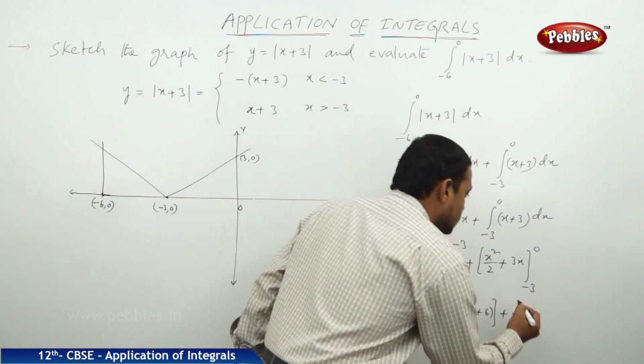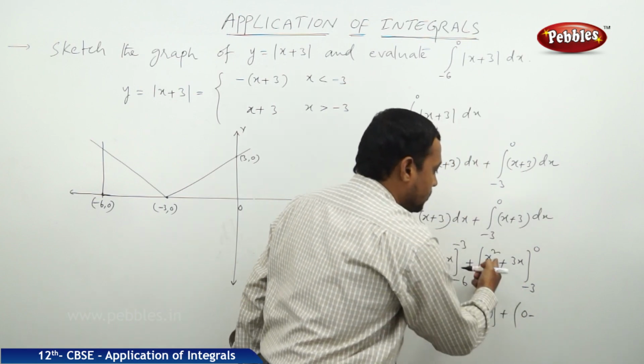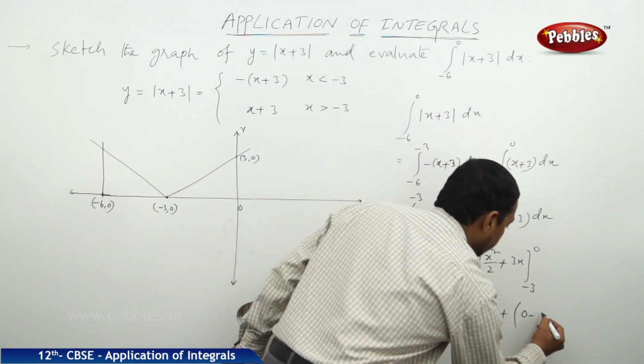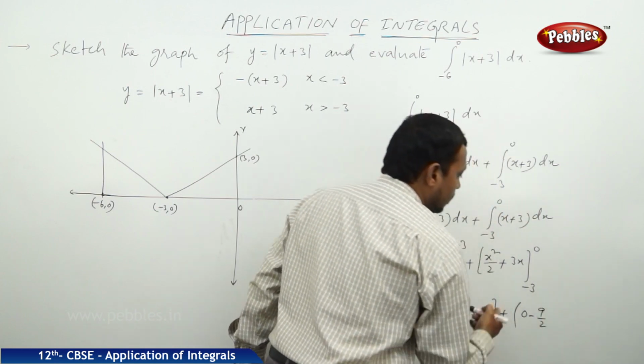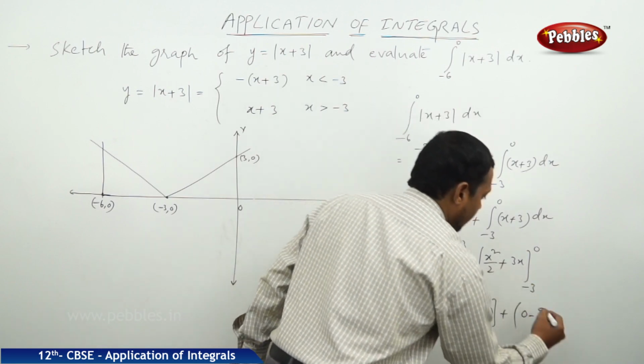Now substituting the upper limit here, it is clearly 0. Now when we substitute the lower limit, it is minus 3 whole square by 2, 9 by 2, and minus of 3 into minus 3, minus 9 with minus, plus 9.